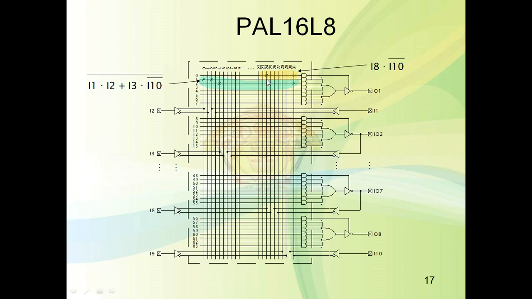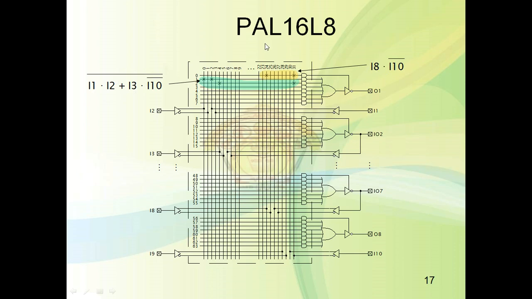So you can see here, this is I8, and this is I10 bar, the last I10 bar. So I8 dot I10 bar will be the equation for the output enable. In this way we can implement any function. So this is the implementation of this equation, and this equation enables the output.